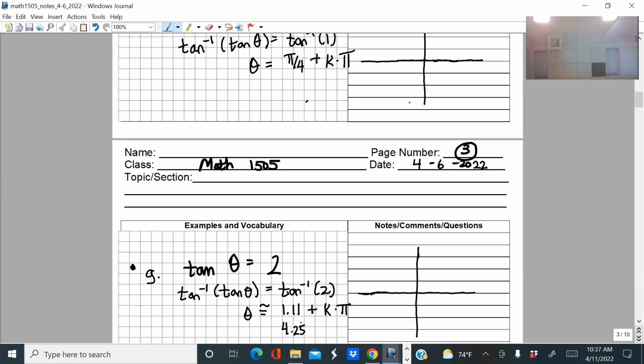I was just checking that with the calculator. And indeed, the tangent of 4.25 is almost 2. So our recipe here for more solutions seems like it might be correct, right? 1.11 plus a multiple of pi. But that's just an experiment. You don't need this. That's the answer.